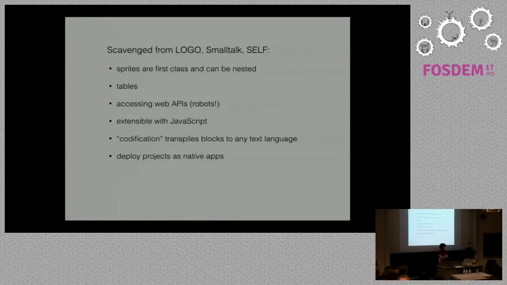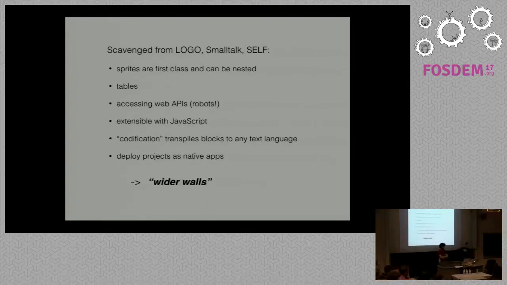It's extensible with JavaScript, so you have a way to write your own blocks, and even if it doesn't exist yet, if you need primitives, we can transpile and compile the blocks to other languages, so we can embed it on little robots, because some of these, like Arduinos, really enjoy having their sketches natively, because they're low-powered machines. And we can deploy these things as native apps also.